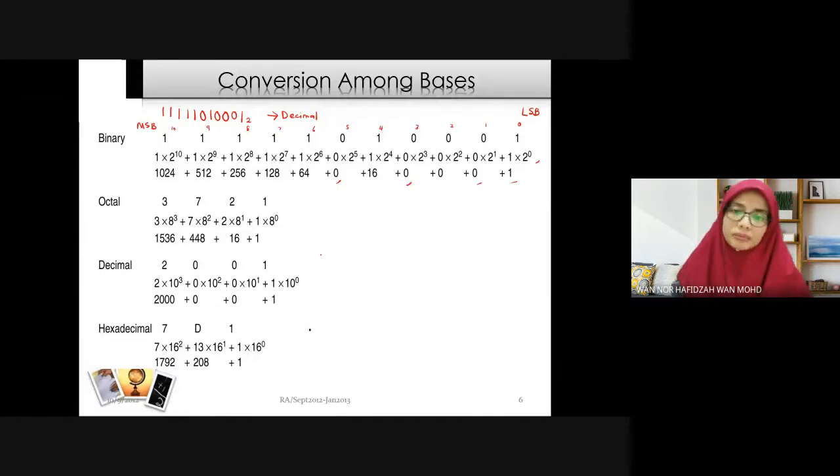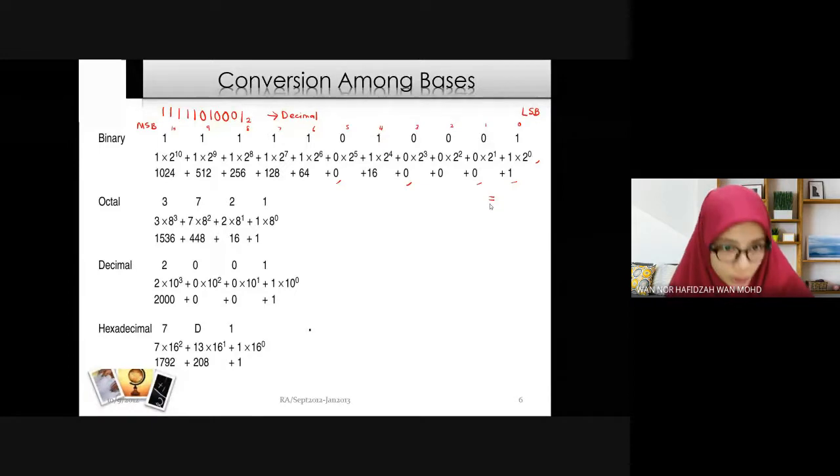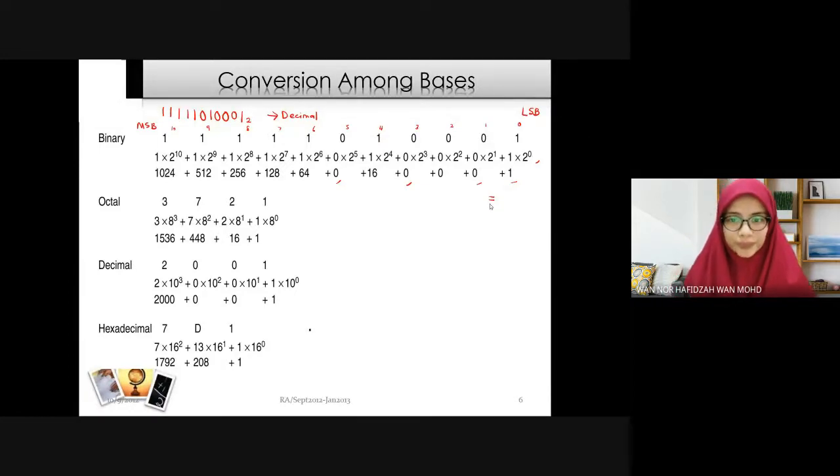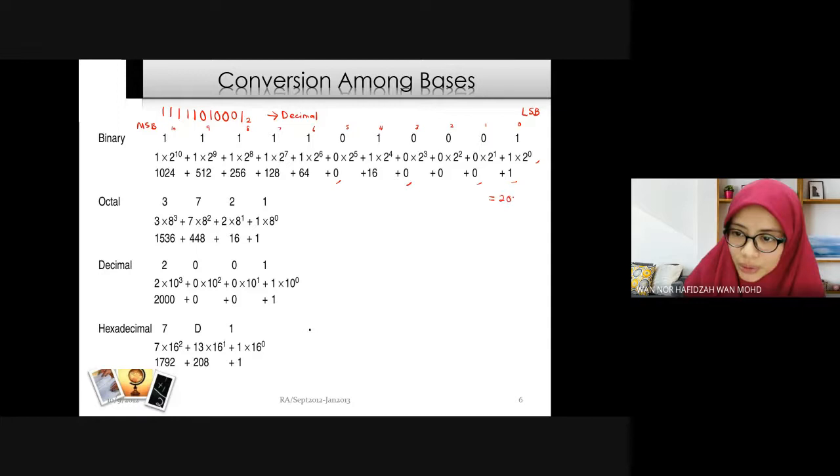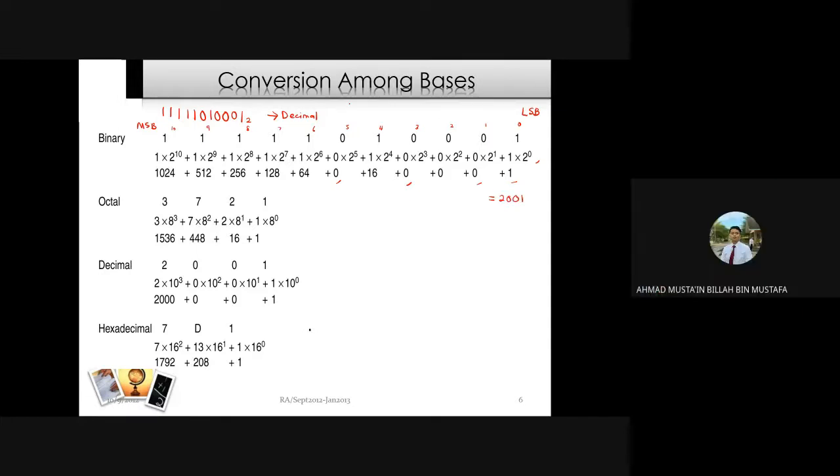Okay, and then when you add everything, what do you get? 1024 plus 512 plus 256 plus 128 plus 64 plus 16 plus 1 equals? 2001, base 10.